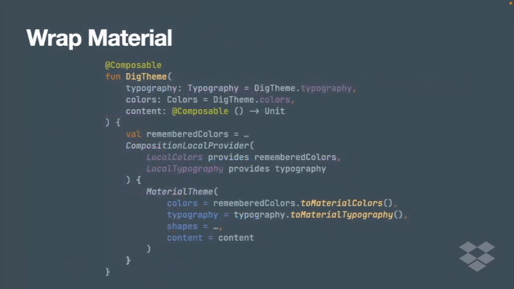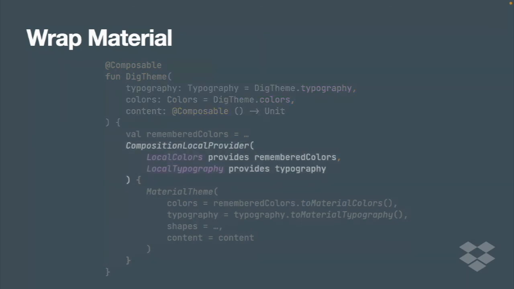Our design system is called DIG, Dropbox Interface Guidelines. So we have this DIG theme, which takes in the token systems, and it'll use default values there. However, we have some different properties that might want to customize this, so we take those in the content.